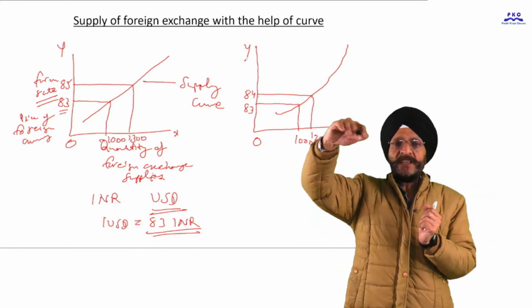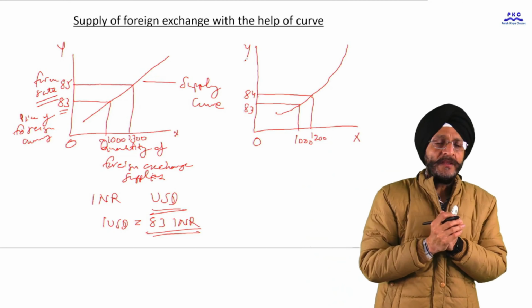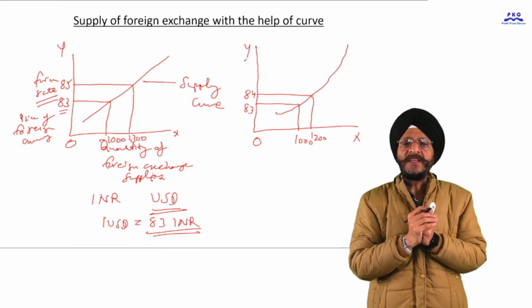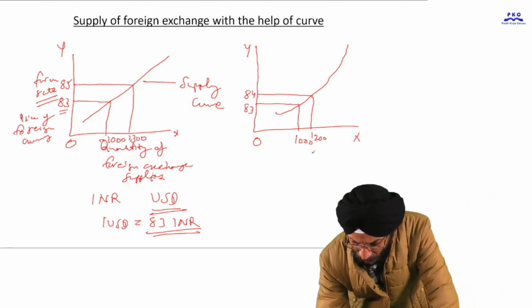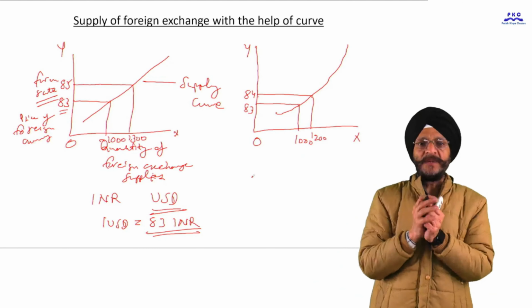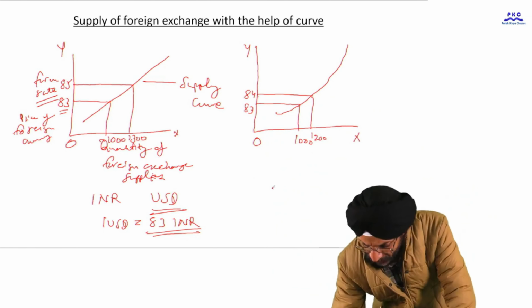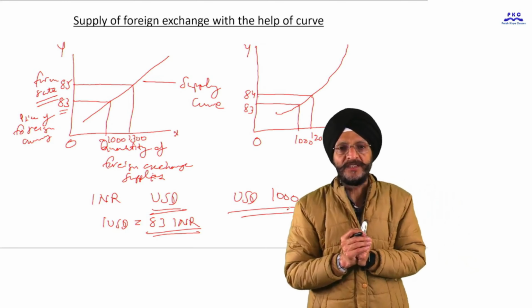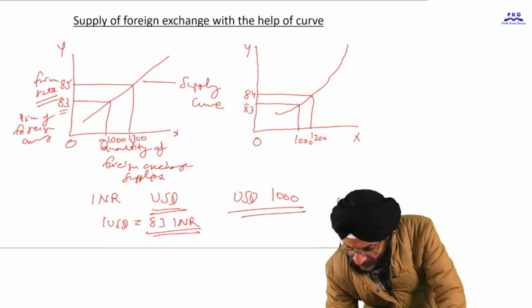Why is the supply curve in the form of a curve? Because when the price of foreign currency increases, the exporter will receive more. For example, if there is a businessman who is supplying goods to the USA worth 1000 US dollars, and the forex rate increases, for the same goods supplied he will receive 84,000 rupees.